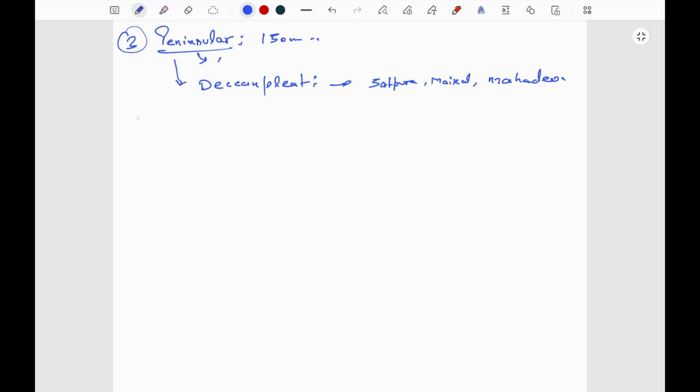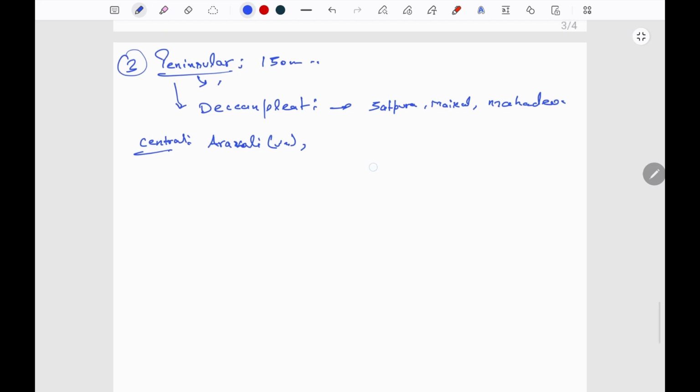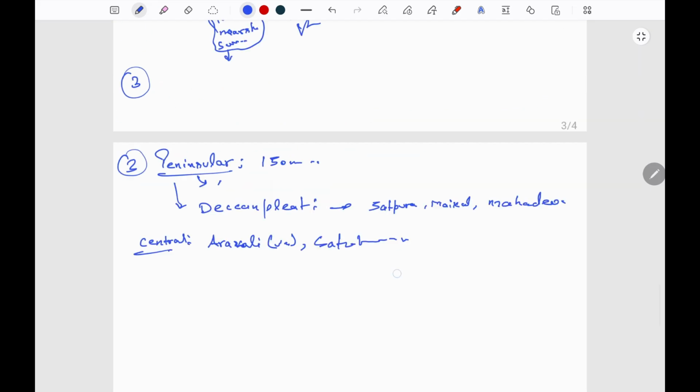Now another one is Central Highlands. It is bounded by Aravallis in the west, and Satpura and Vindhyas in the south.